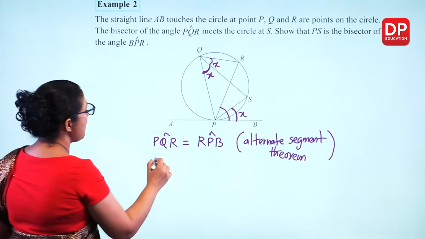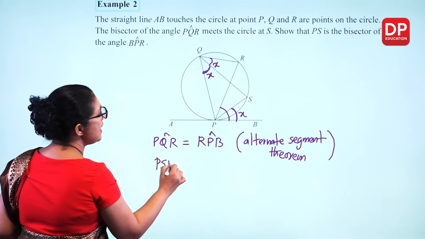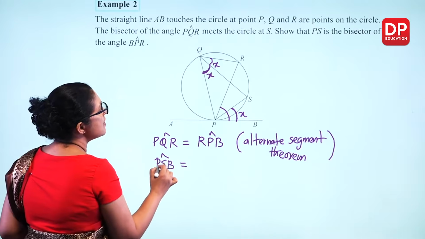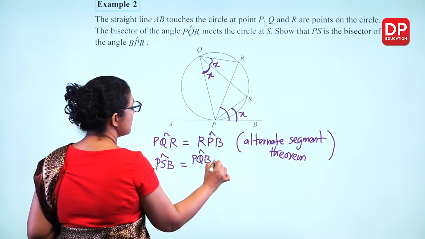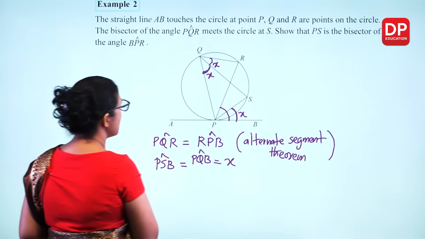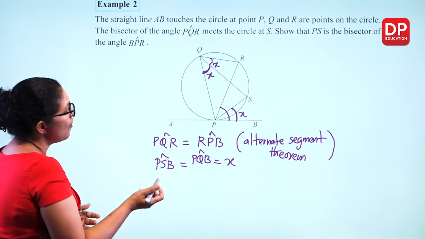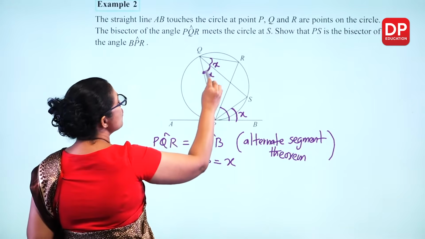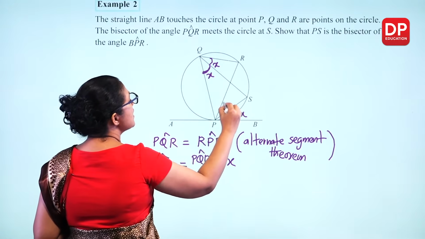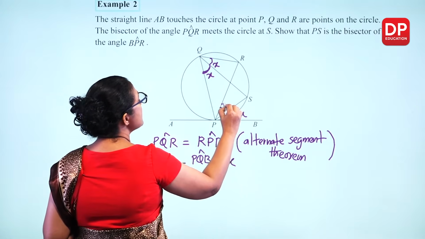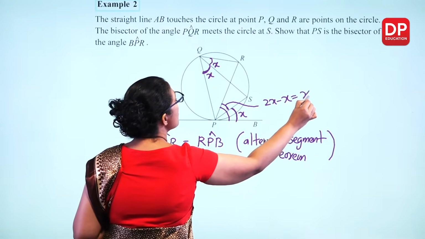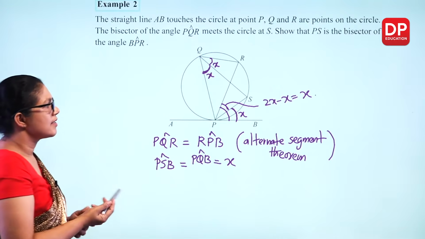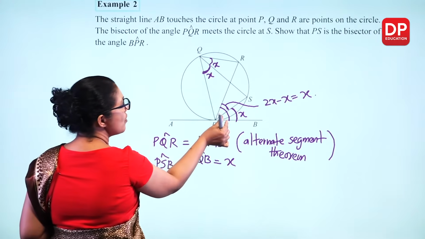I can write PSB angle is equal to PQB angle. So that's x. Now this is 2x. So what is this angle? This angle becomes 2x minus x. That's also x. So these two angles also equal.